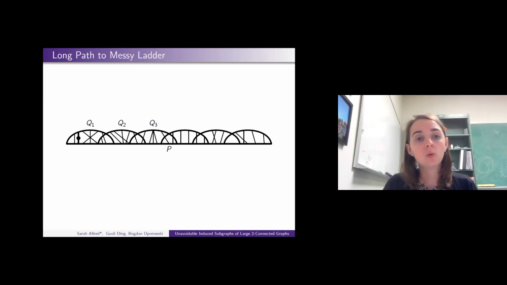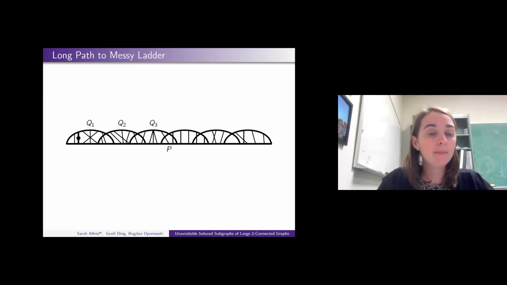In each bridge, we're looking at an induced path. So Q1 is an induced path in our bridge B1 that we have both endpoints on P. All right, and we do that for each of the 6. We know that these bridges overlap in this kind of manner because our graph is too connected.